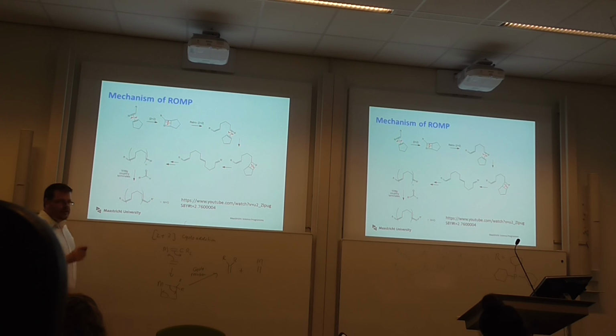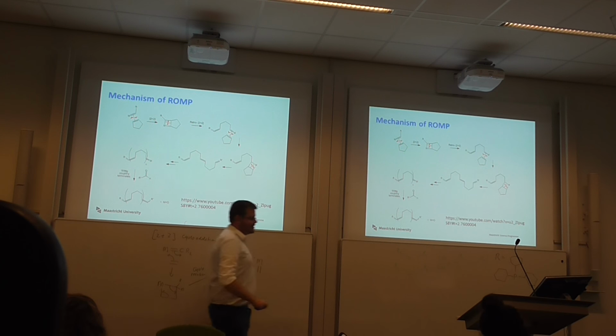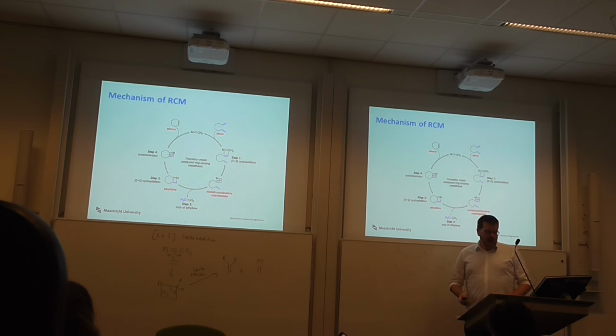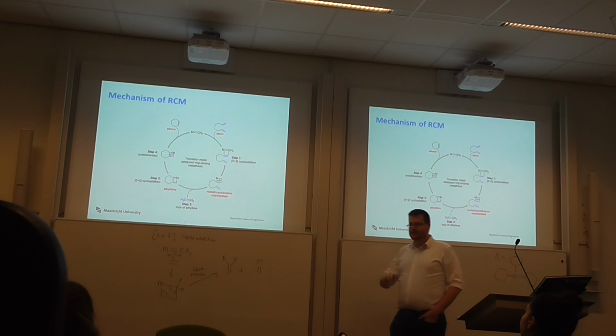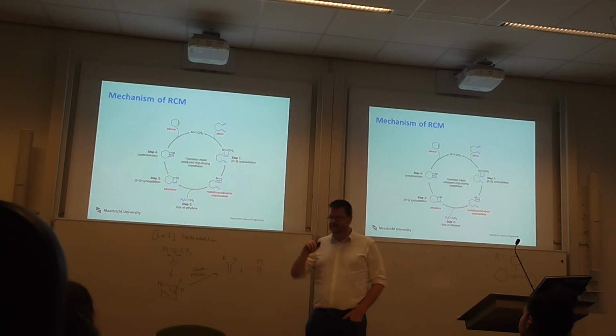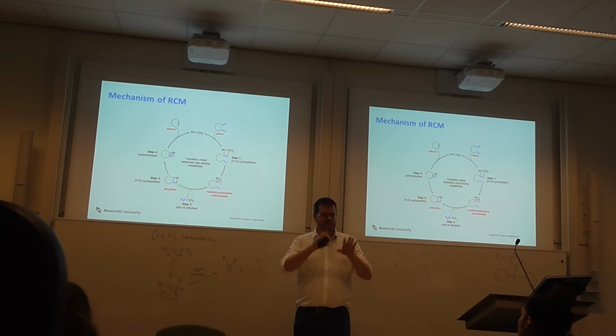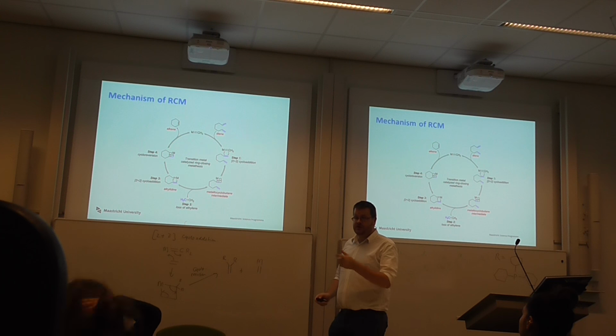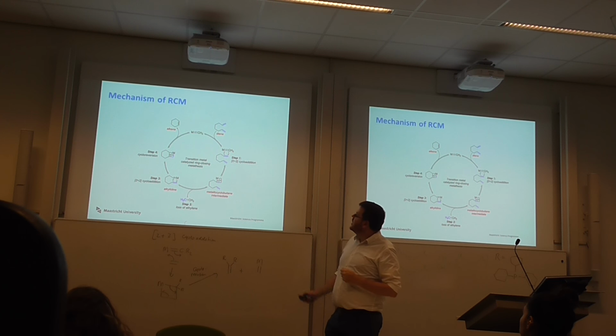For example, think about this. If I go back to the previous example, just to underline this point, let's suppose I want to do ring closing metathesis of this guy. Now here's a question. Remember, because the mechanisms are all the same, we could have competing reactions. We could have ring closing metathesis, as we see here, but we could also have cross metathesis, because I have other dienes floating in the solution.